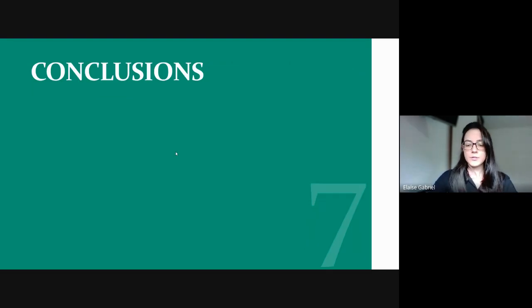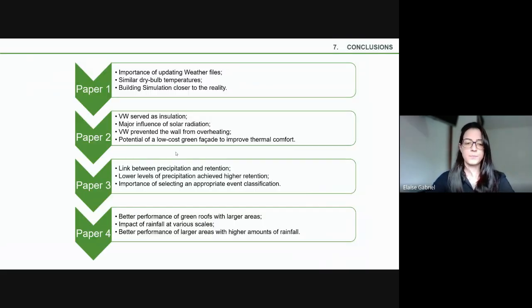For the conclusions of the thesis, the benefits of green infrastructures include the multidisciplinary field, as several studies identified green infrastructure systems as one of the sustainable solutions for both buildings and cities.